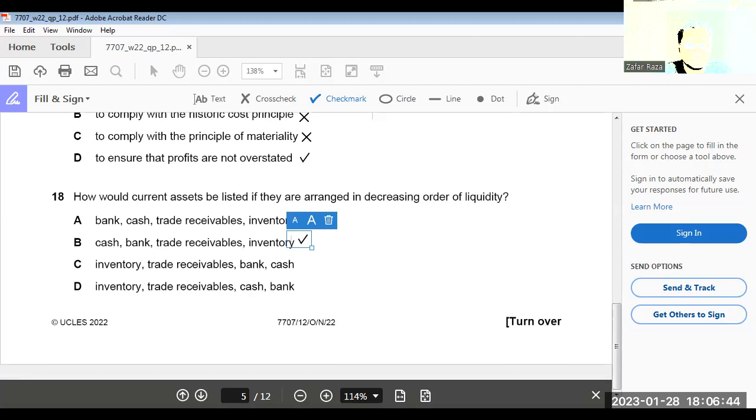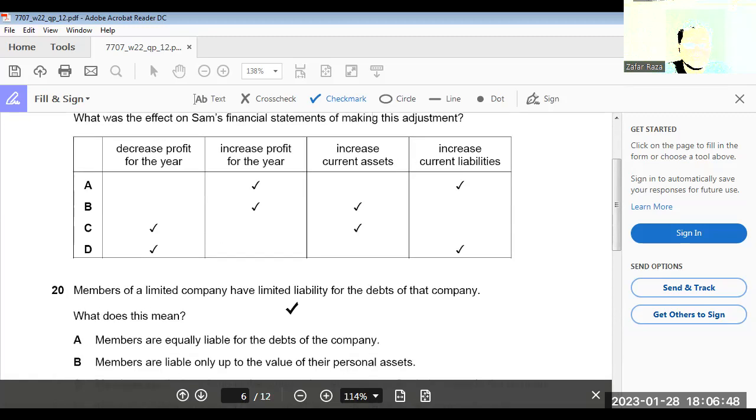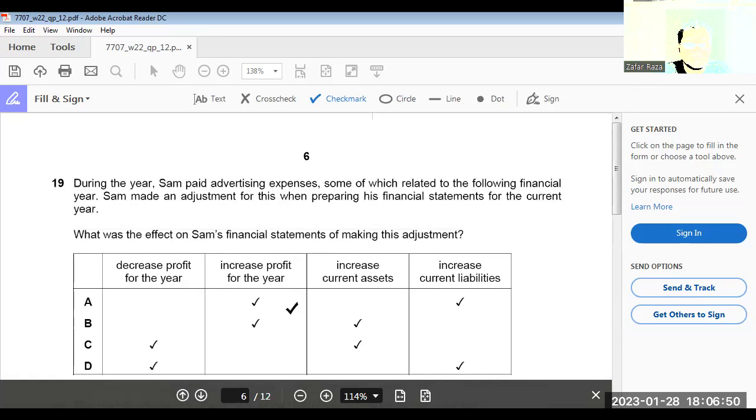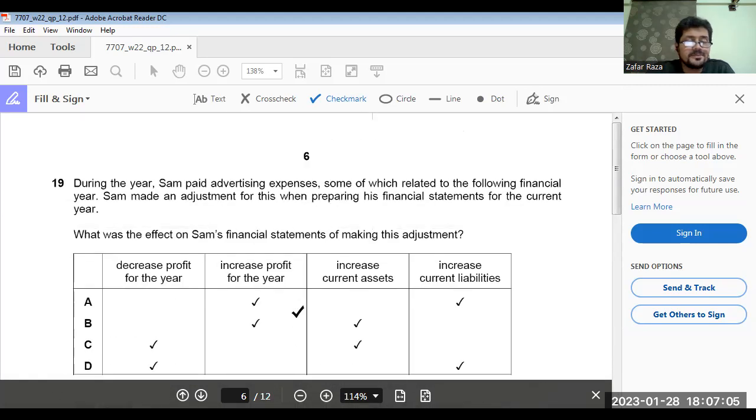Now 19. During the year, Sam paid advertising expense, some of which related to the following financial year, means prepaid. Sam made an adjustment for this when preparing his financial statements for the current year. What was the effect on Sam's financial statements of making this adjustment? In this case, prepaid, when we are adjusting prepaid against the expense, our total expenses are going to decrease and profit is going to increase.